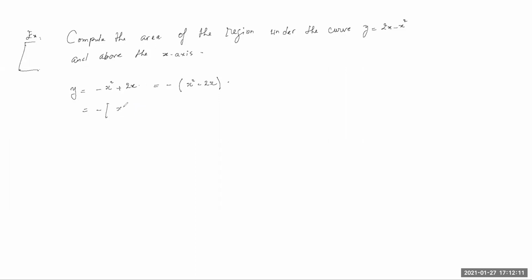So I need to complete the square. I need just to add 1 here, and of course I need to subtract it because I don't have it in my expression. Like that, I have my square: x minus 1 squared, and minus 1 outside. With the minus sign, it will be 1 minus (x minus 1) squared.